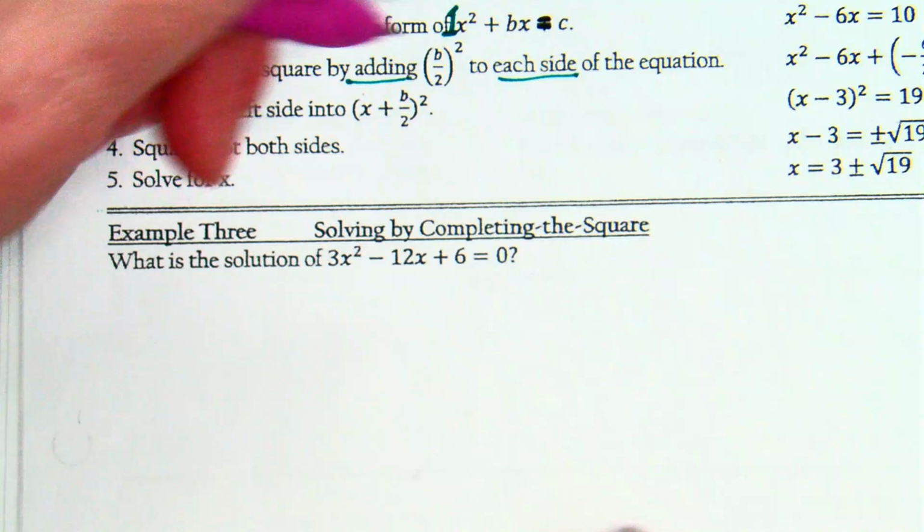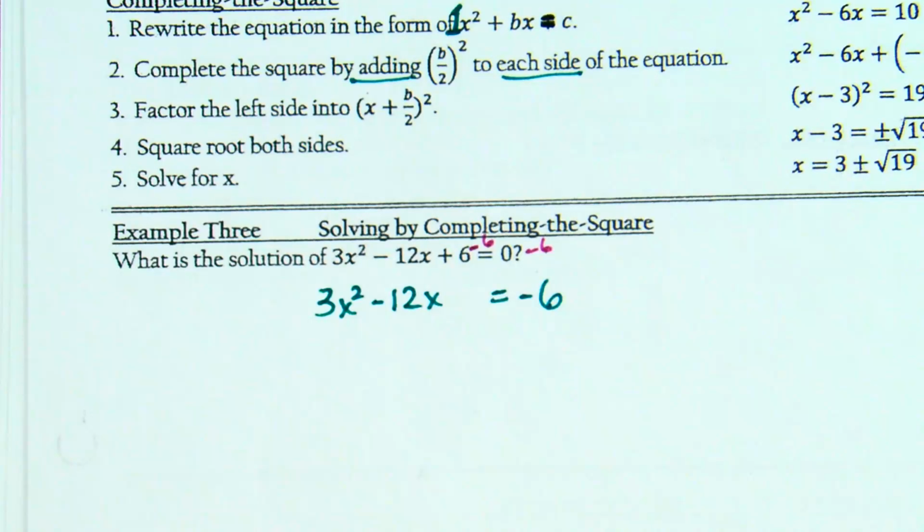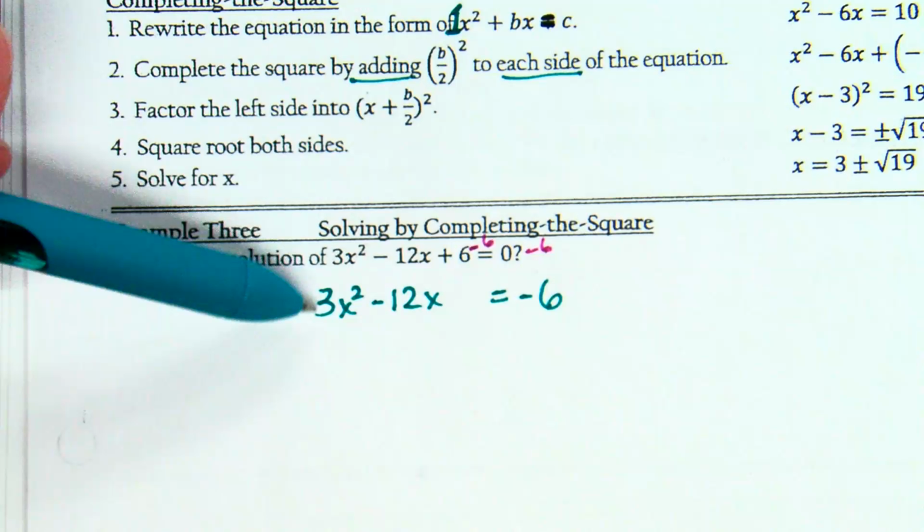So then I'm going to have the equation 3x squared minus 12x equals negative 6. Am I in the form x squared plus bx equals c? Not fully. Why am I not fully in that form? Because of the 3. It's supposed to be a 1x squared. How do I make a 3x squared become just a plain x squared? Divide by 3.